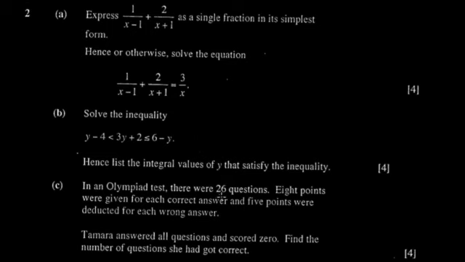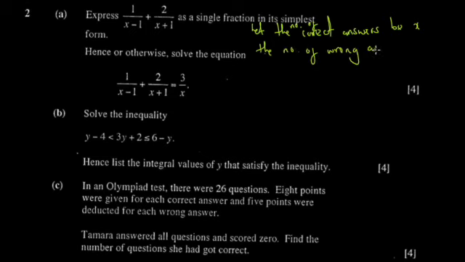Okay, so there are 26 questions. So you can say let the number of correct answers be x, and let the number of wrong answers be y. Okay, so you have defined this. The reason we are doing this is so that we can derive simultaneous equations.